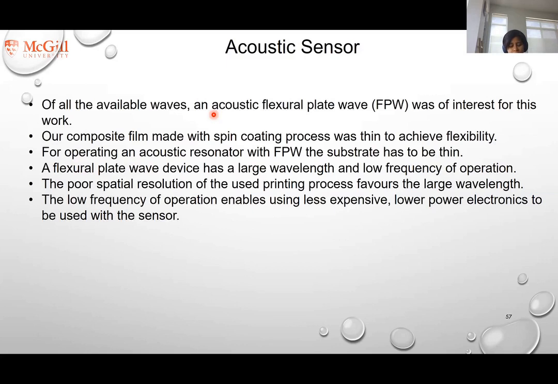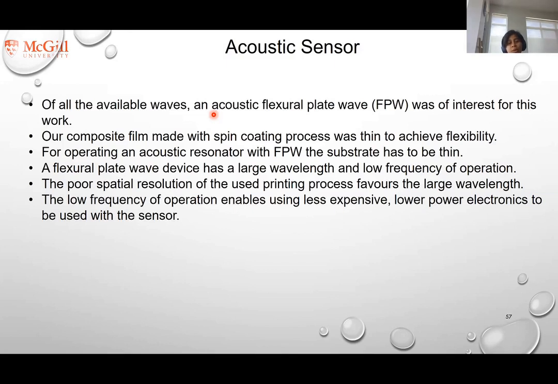And for the large wavelength, the type of IDT we need to print doesn't need very high resolution. The printer we were using didn't have a great resolution, but the large wavelength IDT that we need for flexural plate wave can be supported by the printer.